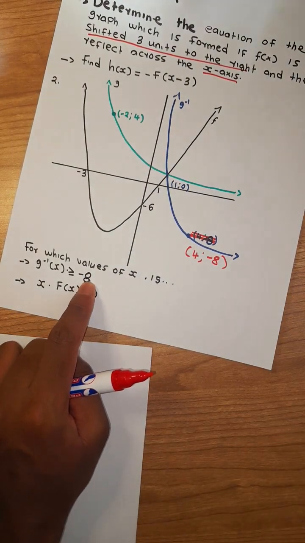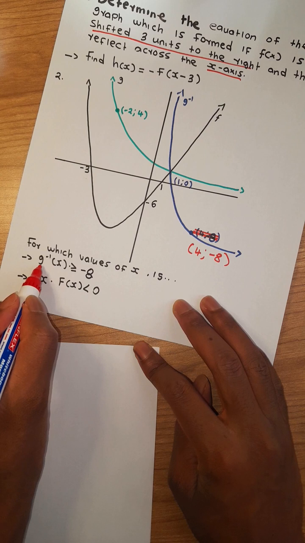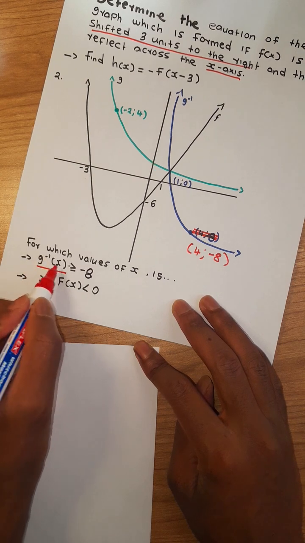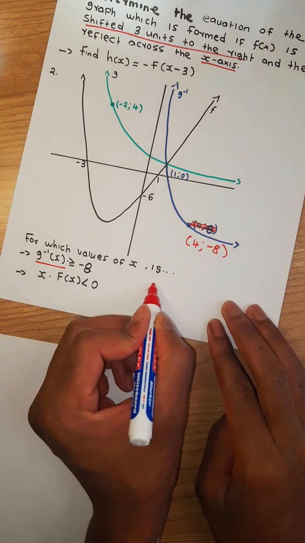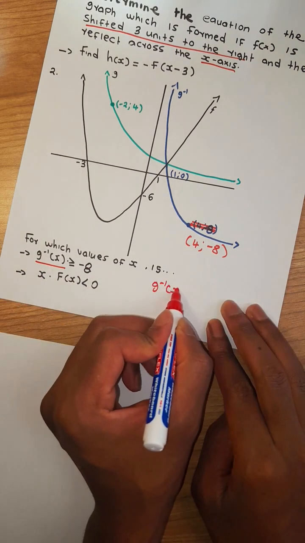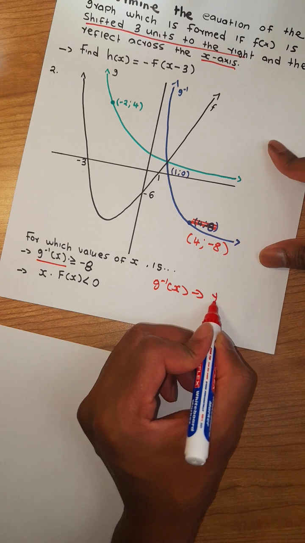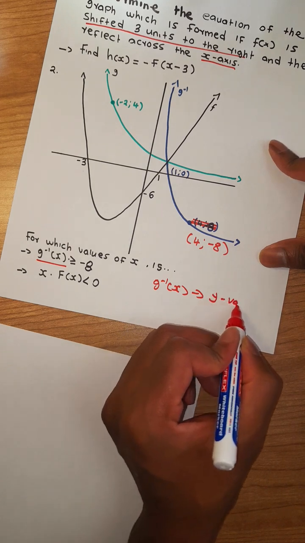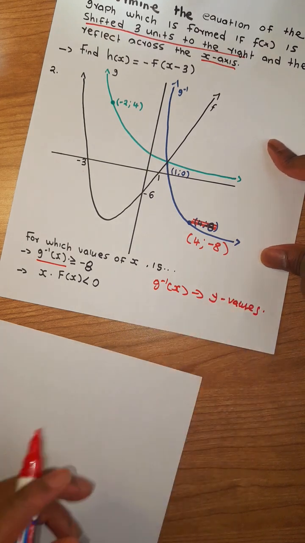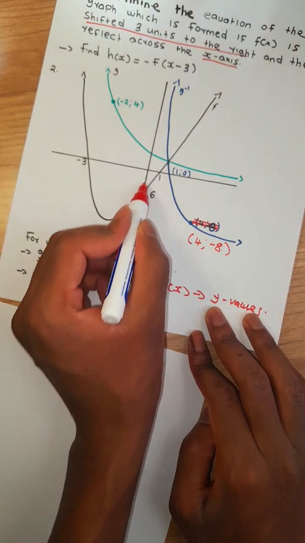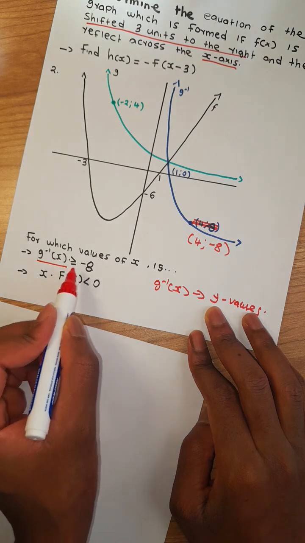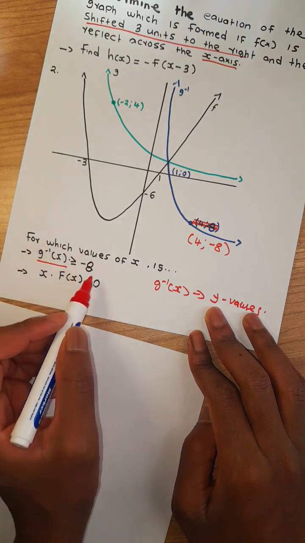But I want to ask you a question. What is g at x, or g inverse of x? We know that g at x represents the y value. If we have g inverse of x, this just represents the y-intercepts or the y values, or whatever you want to say. So it means that, looking at the y values, where is this thing greater than -8?